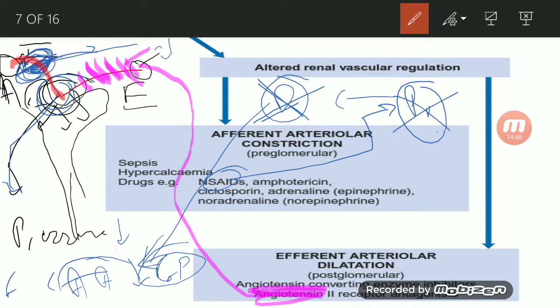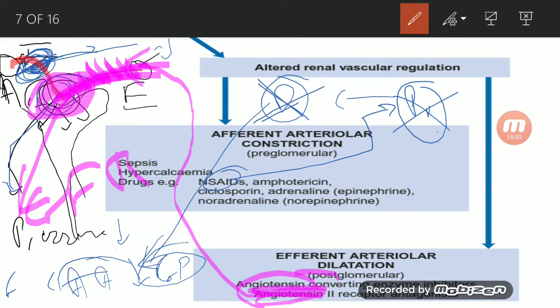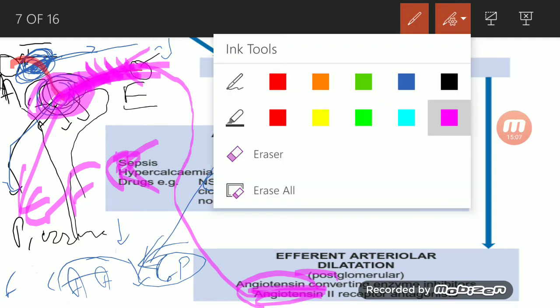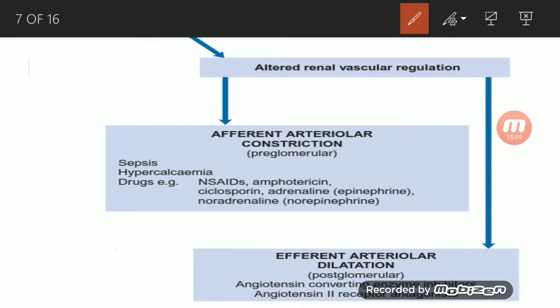So if you are taking any drug which is going to block the generation of angiotensin 2, then there will be dilatation of your efferent arterioles. So your pressure over here is going to change, and your GFR is going to get affected, with the change in the diameter of your afferent and efferent arterioles.